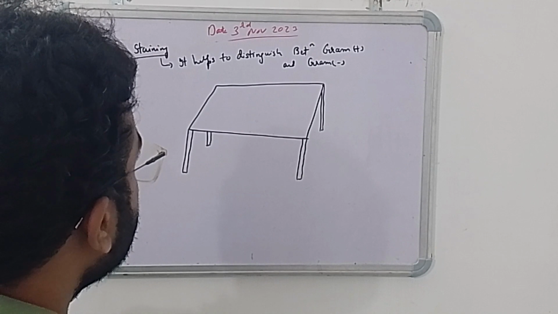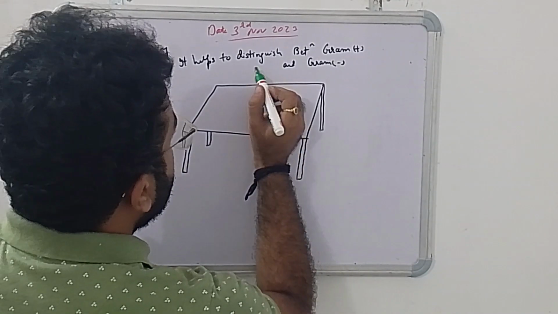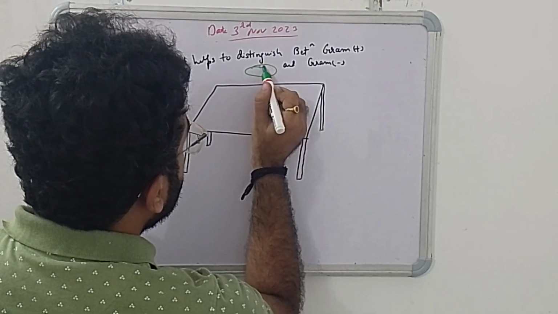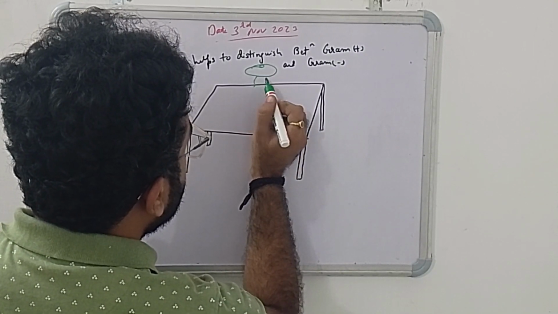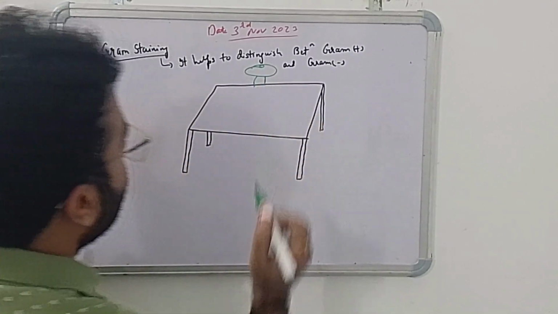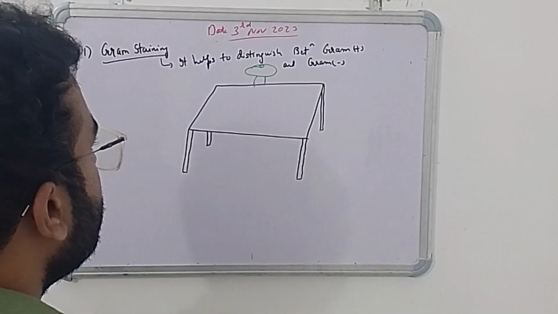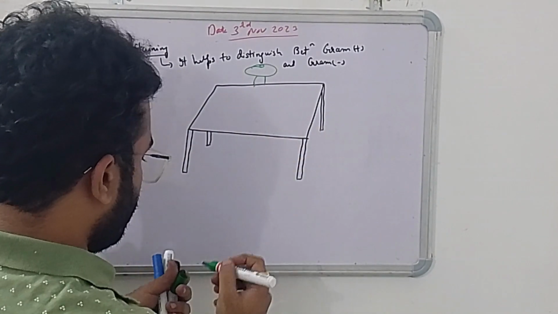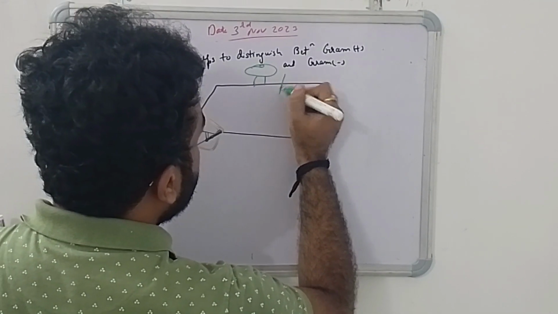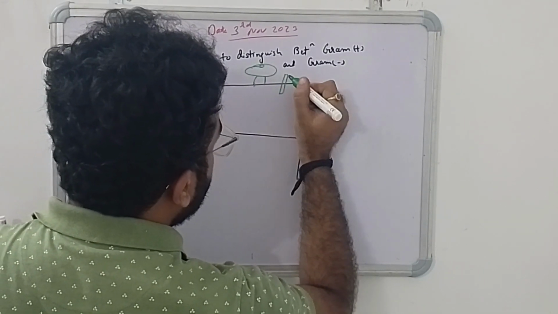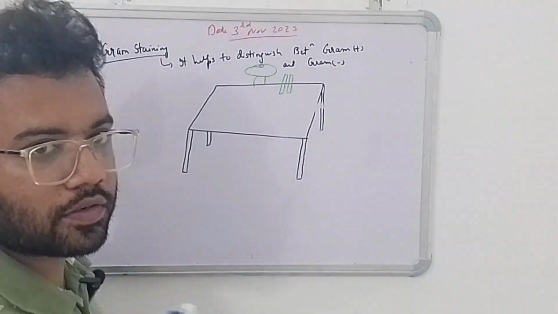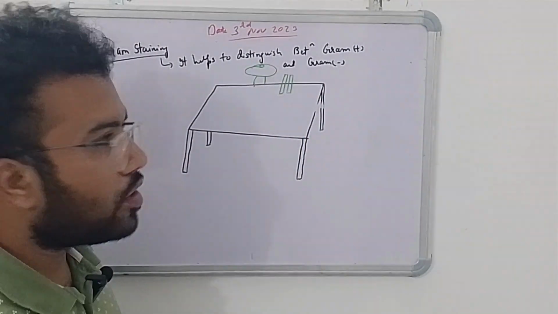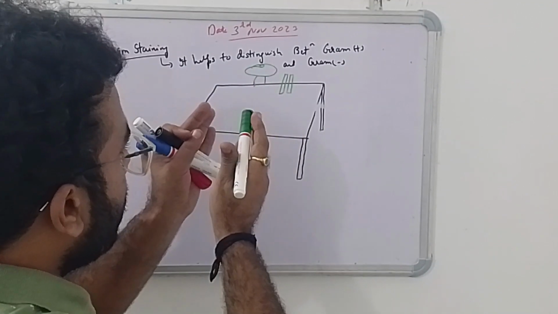So here is a table, and at the end there is a sink with tap water. And you have a rack. What does a rack mean? It is a rack with parallel rods. So parallel rods are placed as a rack.